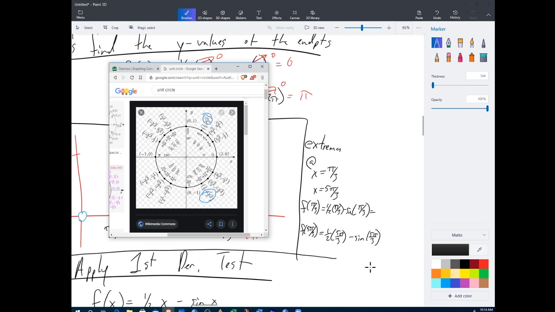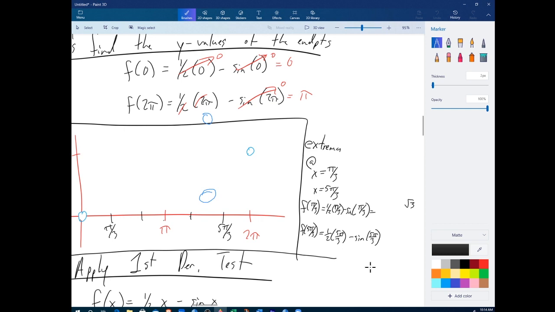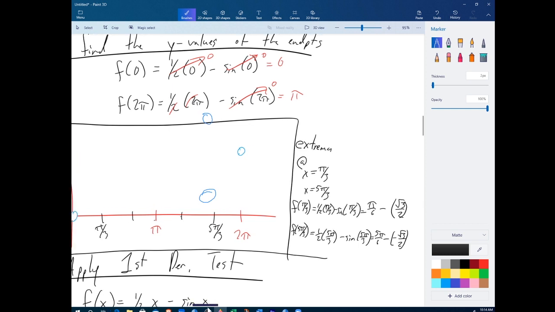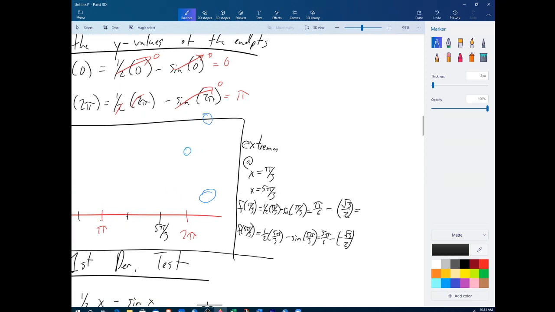Alright. Square root of 3 over 2 and negative square root of 3 over 2. Go ahead and get those values in. And let's see here. Pi over 6 minus that. 5 pi over 6 minus that. Yeah, that one I don't know off the top of my head, certainly.